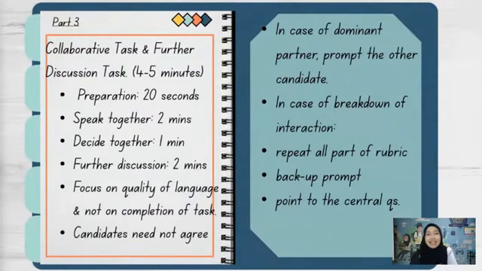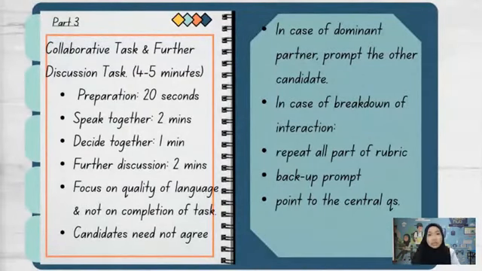What are the things that you have to bear in mind? Focus on the quality of language, not whether they can complete the task. For example, they must come to an agreement, or they must discuss. No, that's not the benchmark. That's not what they're supposed to do.